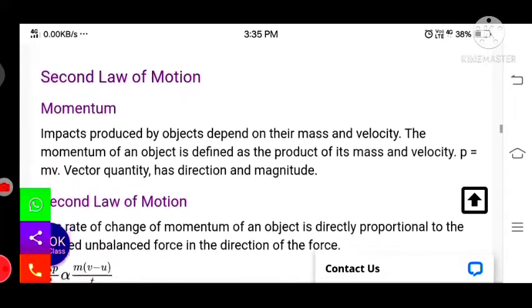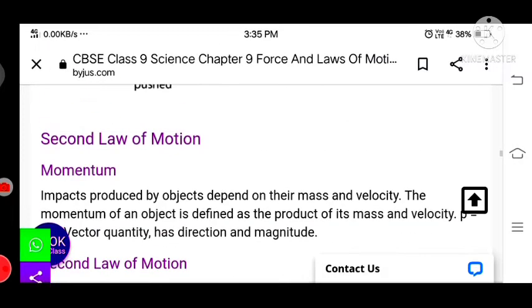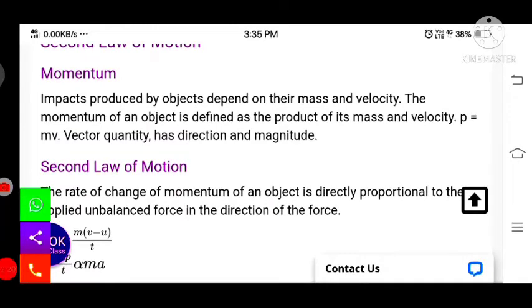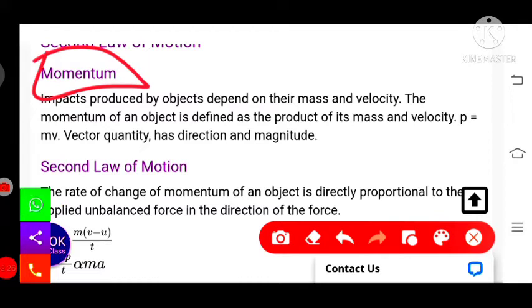Second law of motion. Firstly, to understand the second law of motion, we need to learn what momentum is. So what is momentum? Impacts produced by an object depend on their mass and velocity.